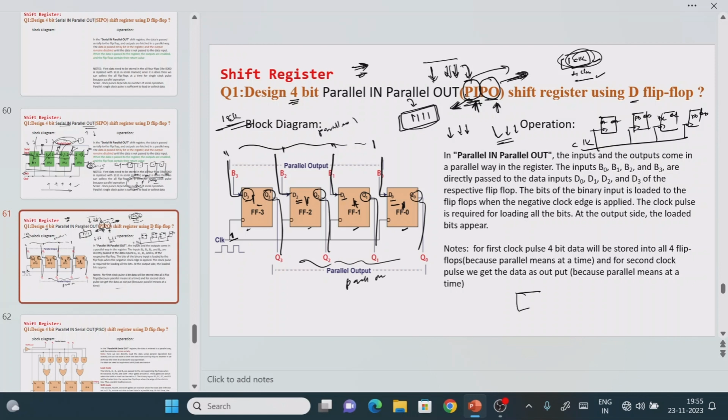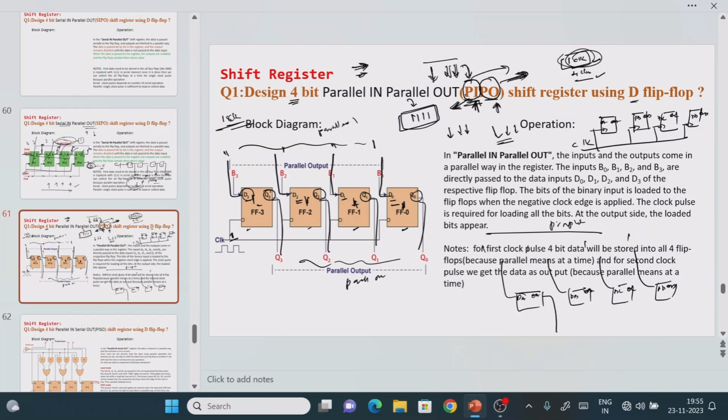Simple. Just take 4 flip flops. This is the input DA, this is DB, DC, DD, right? If you give 1 1 1 1, this is what we call the parallel input. So how do we collect the data? At the output only we collect the data. The first flip flop QA, QB, QC, QD.